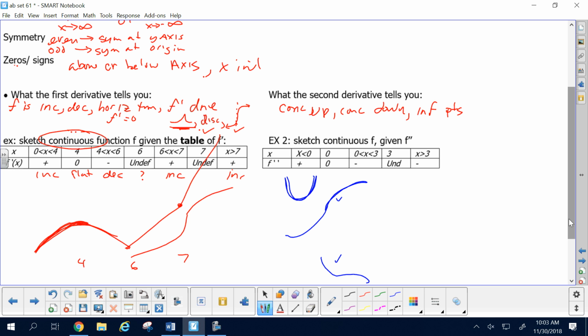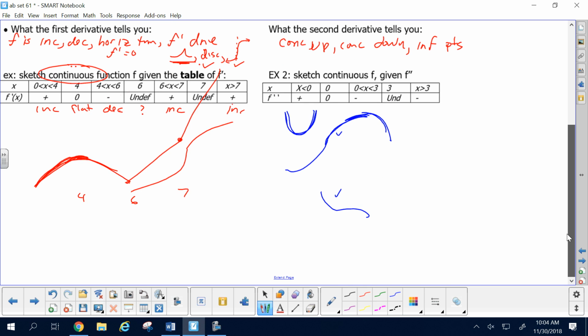Then concave down again. It goes undefined and then concave down again. So what does it do? Sharp turn. Yeah, sharp turn, something like this. Let's go here.